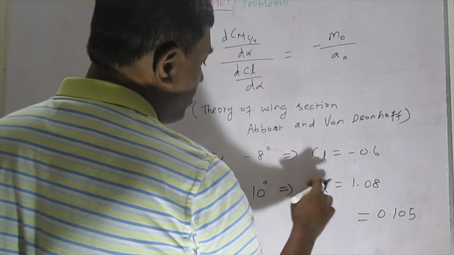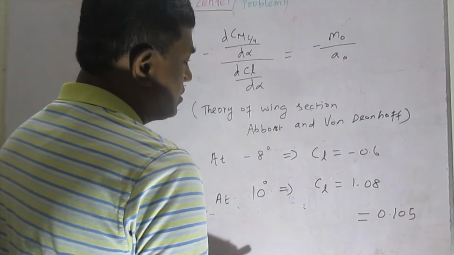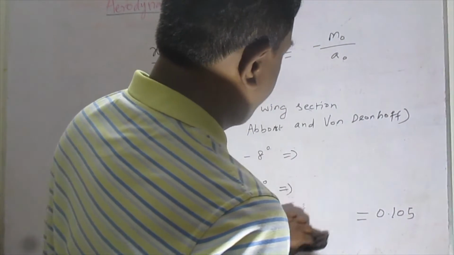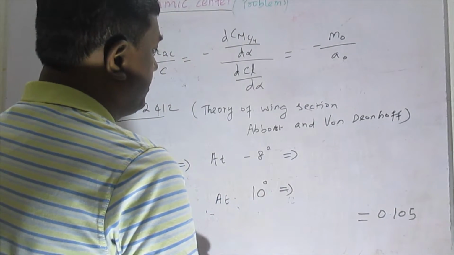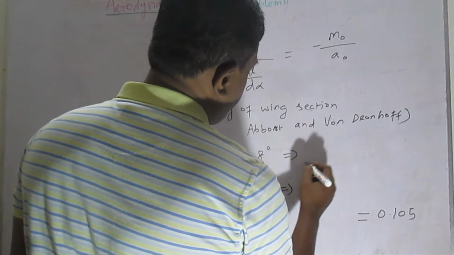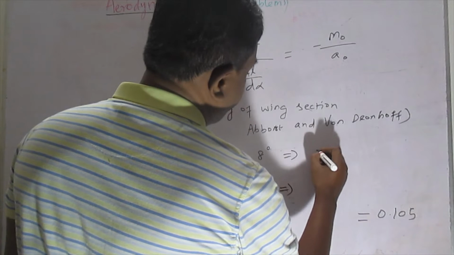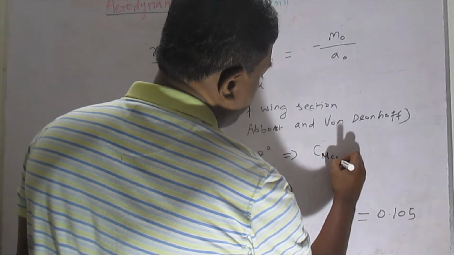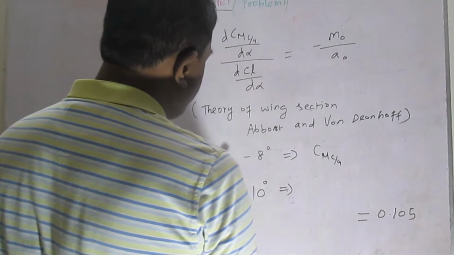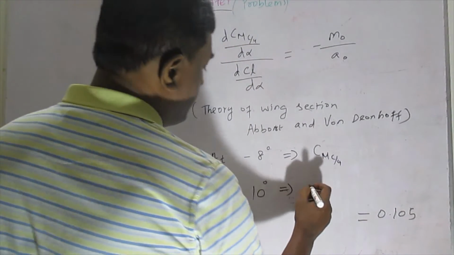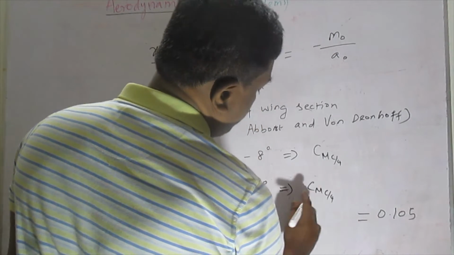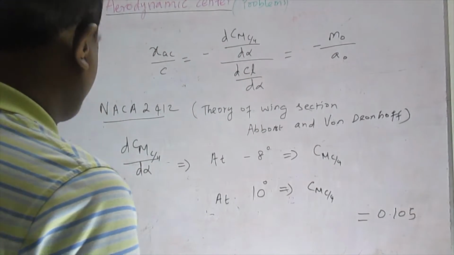So at 10 degree, what is the Cm value? That means here we need to find out the Cm at quarter chord. So this value we need to find out at 8 degree, and here also Cm at 10 degree.